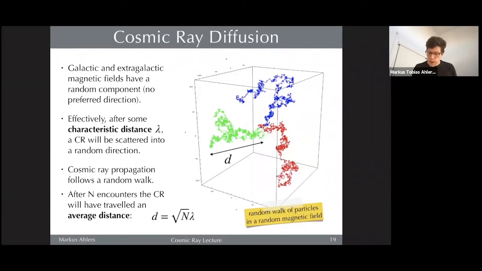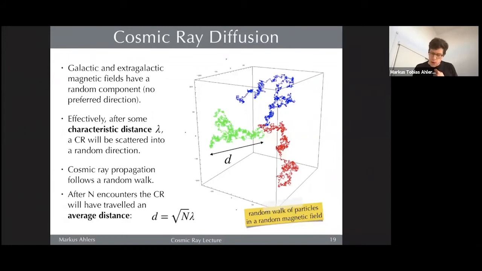Let us now look a little closer here. This is the relative scaling of the length scale. Here n is the number of scatterers, which should increase linearly in time. So I would expect that the distance a cosmic ray traverses after a certain time is proportional to the square root of the time.